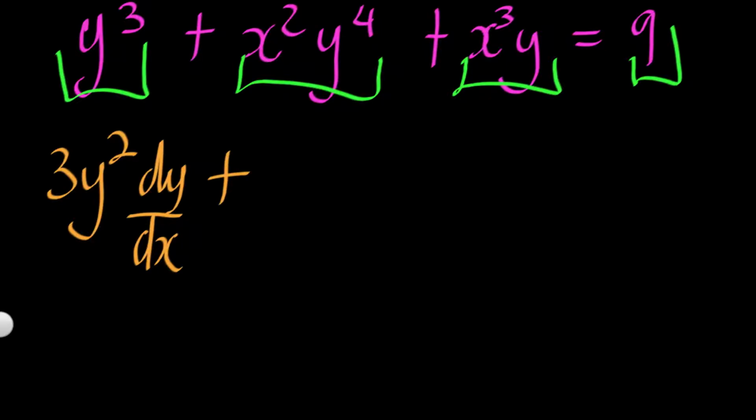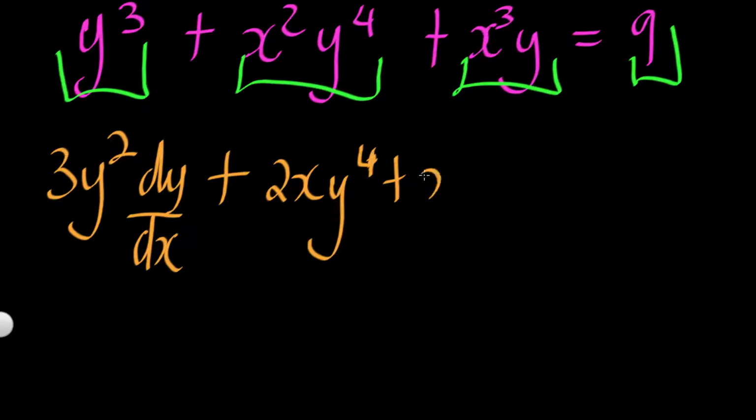Then I go to the second term. It is a product. I'm going to start by differentiating x squared. If I differentiate x squared, I get 2x. I multiply by y to the power of 4 plus, then I'm going to differentiate y to the power of 4.